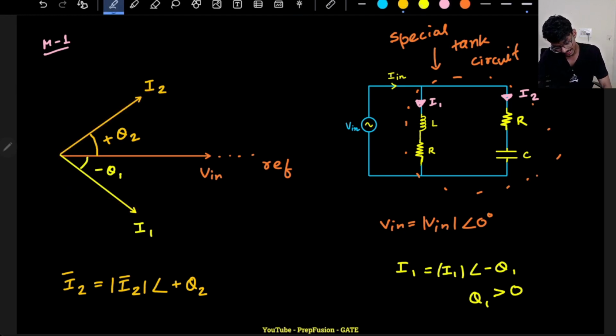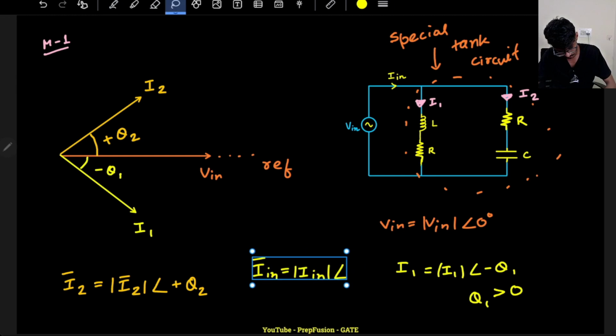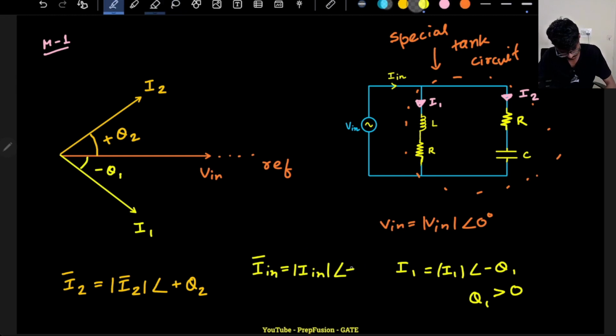But as it is in resonance, whatever the frequency, I in should be magnitude of I in at angle 0, not theta 2, sorry.